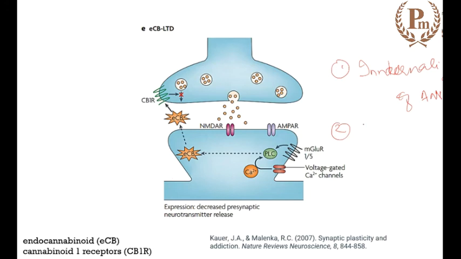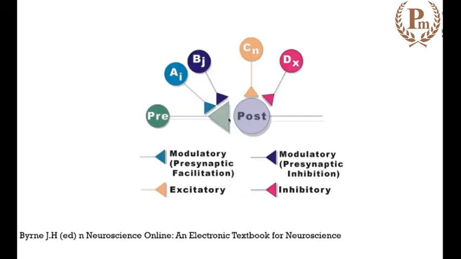So their mechanism is decreased presynaptic neurotransmitter release. These are the two mechanisms we find in the literature as the reason behind long-term depression. Your synapse is a place where I can have either inhibition or excitation, and it all depends on what exactly is the mechanism going on.